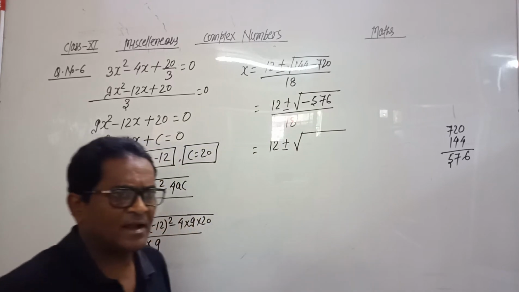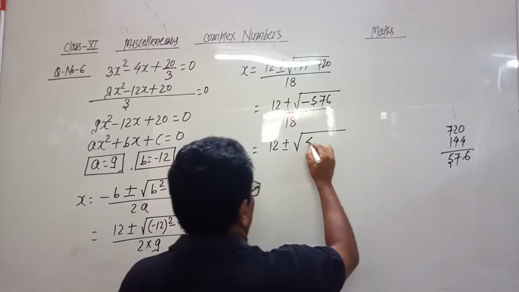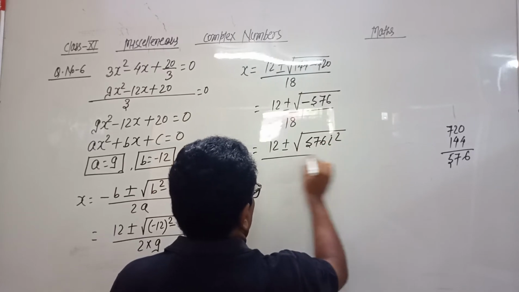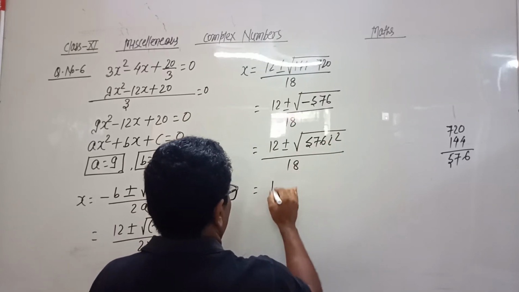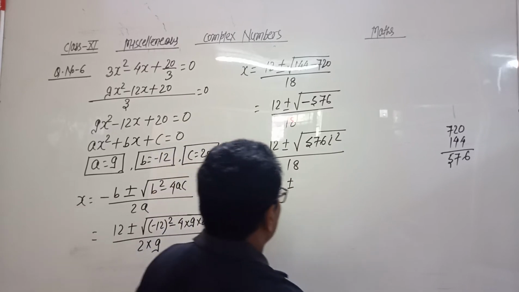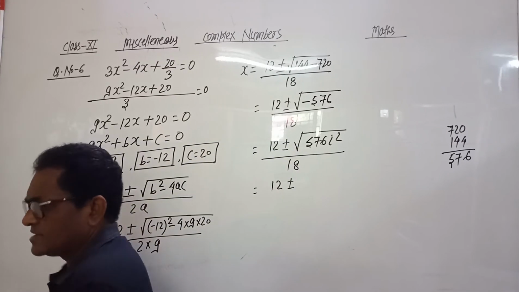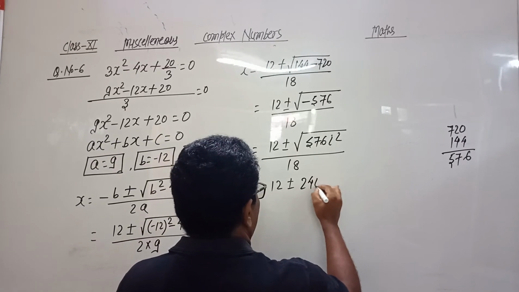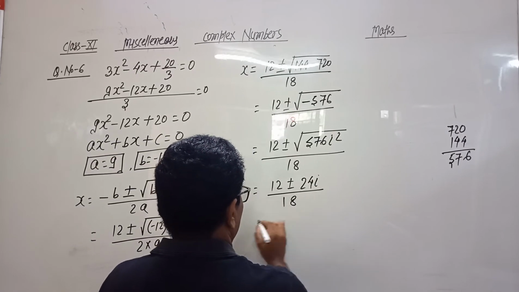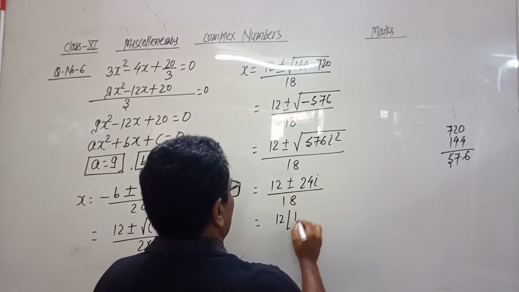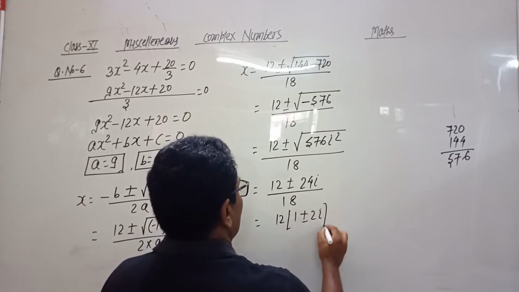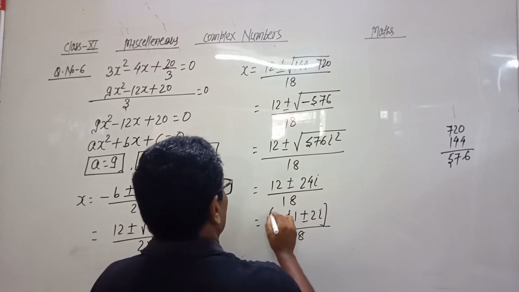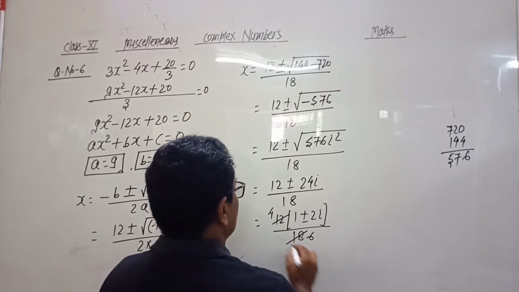This minus 1 can be written as i square. So 12 plus minus under root of 576 i square upon 18. The square root of 576 is 24. So 12 plus minus 24i upon 18. Taking 12 as common, 12 into (1 plus minus 2i) upon 18. 6 twos are 12, 6 threes are 18.